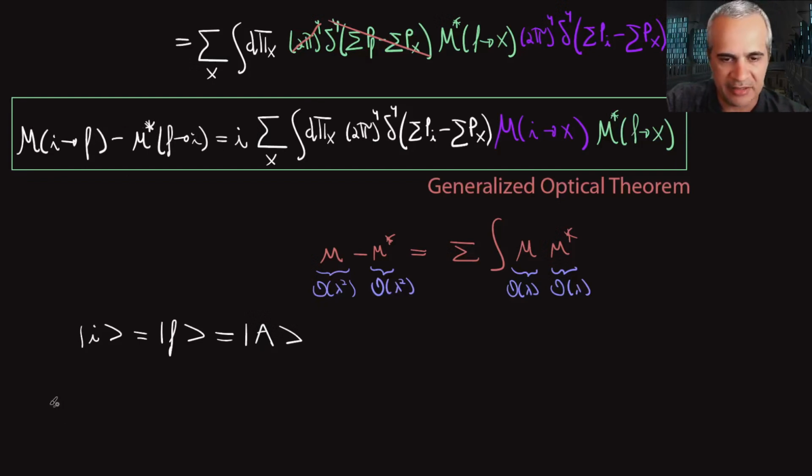So on the left-hand side, I get 2 times the imaginary part of M of A to A, because the same thing will appear here and here. So I'll subtract, eliminate the real part and get 2 times the imaginary part.